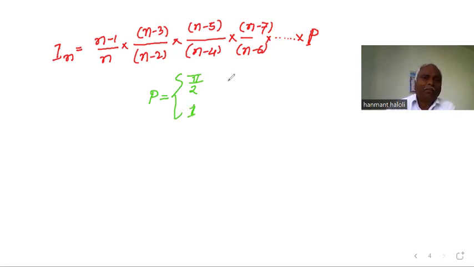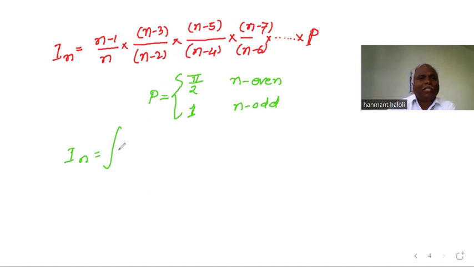It takes pi by 2 if n is an even number, and it takes 1 if n is an odd number. Here the suffix n is the indication for the integral.